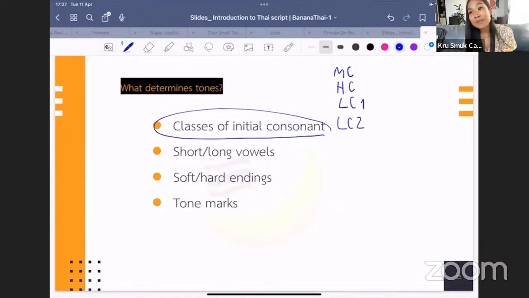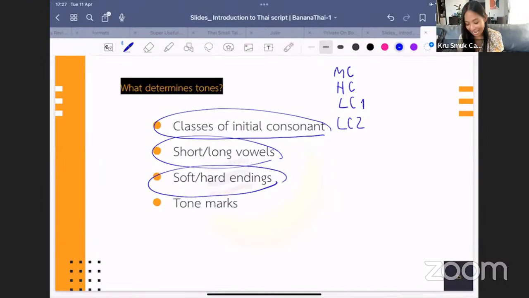Because all of these beginning consonant classes will determine tone. Second one, as I mentioned, short and long vowel. Next one, soft and hard ending, whether the sound goes on like ooh. This is soft, and hard means the sound stops like gup.